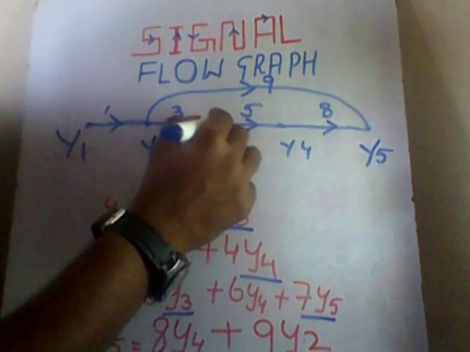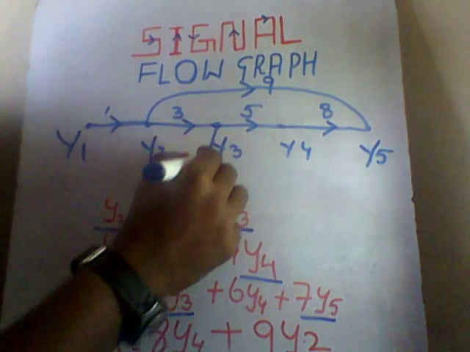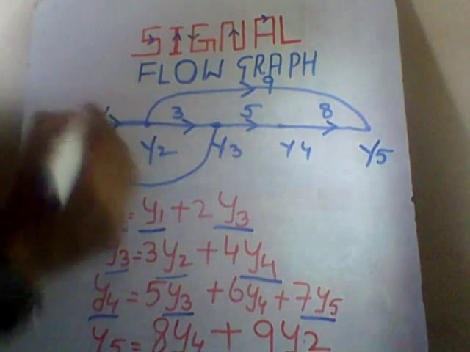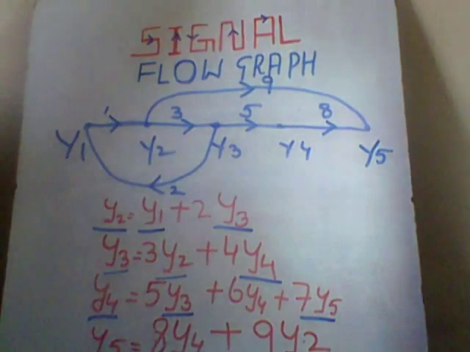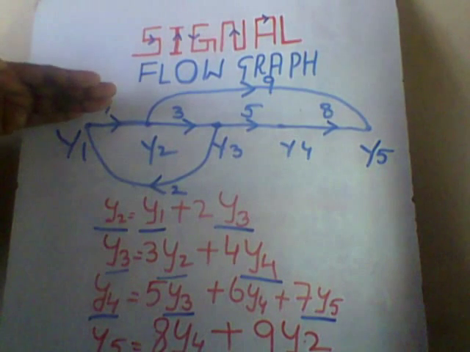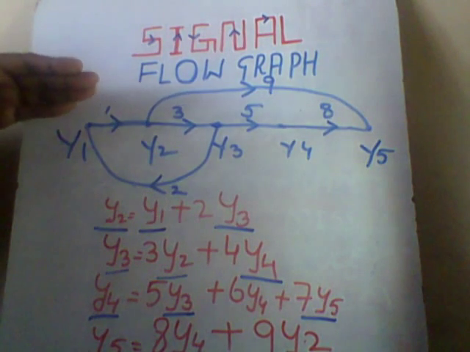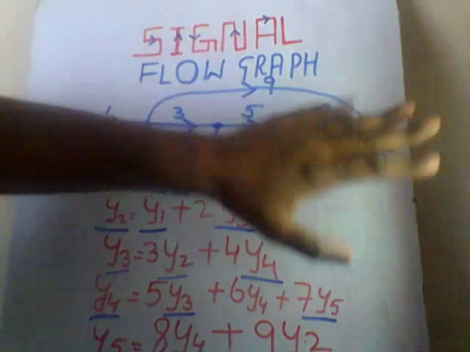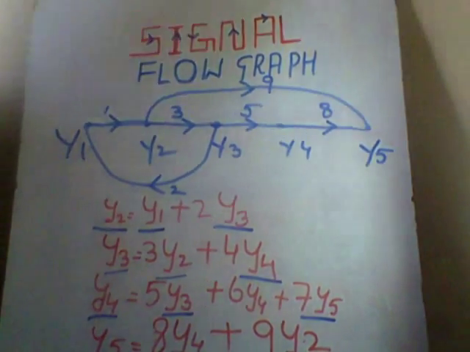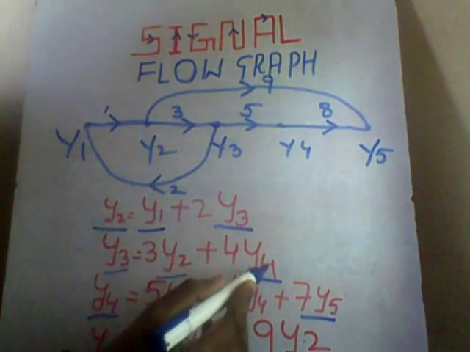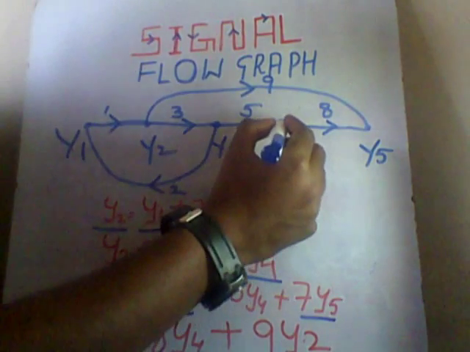See, this is a node, y3 to y1 with a path gain of 2. What I did is I drew the forward paths first, and now I am drawing feedback paths. Okay, y3 to y1, and next y4 to y3.